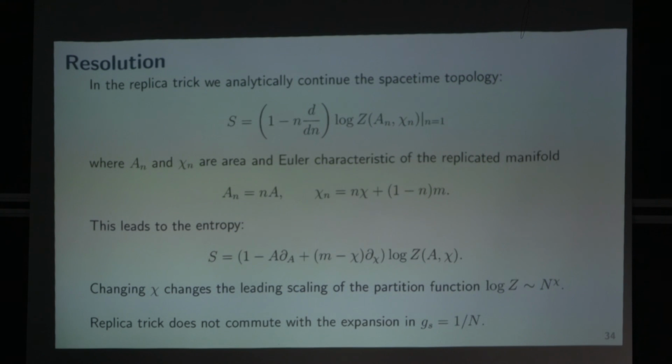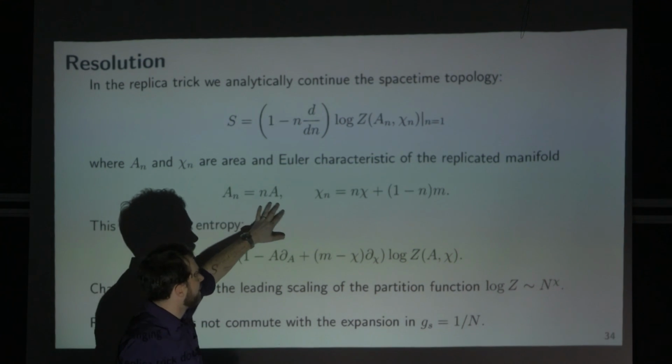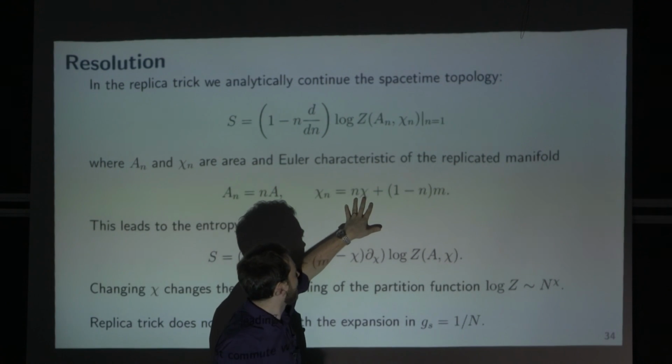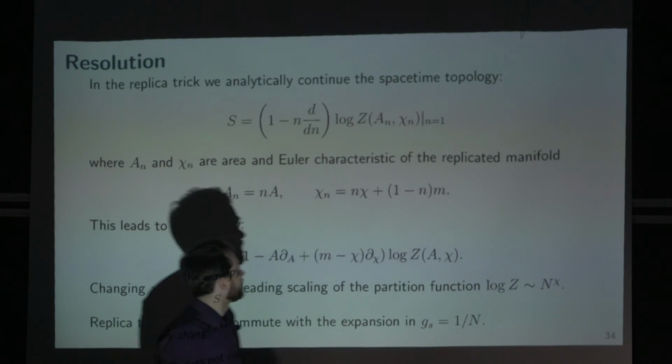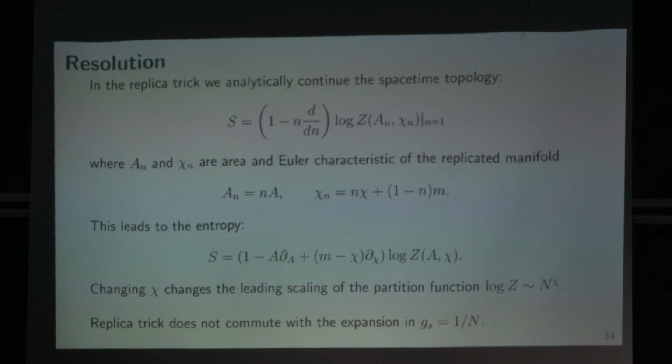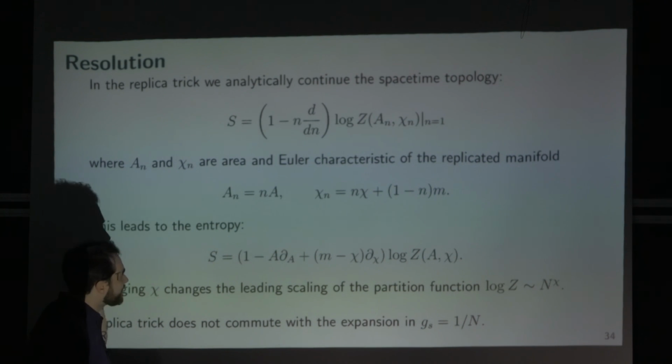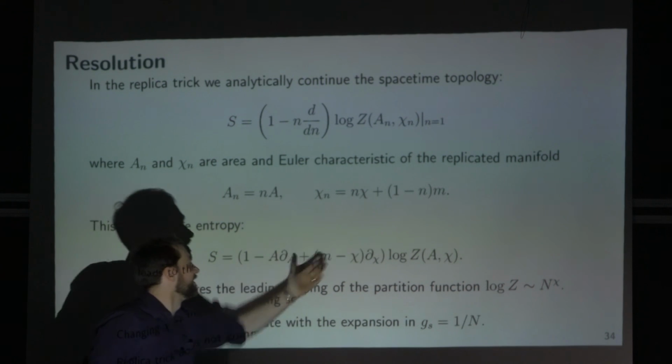You'd start by taking the partition function of a replicated manifold. When you replicate, you get n times the area, and you get an Euler characteristic that's n times the Euler characteristic plus this correction. I'm imagining you're replicating along m, you're cutting along m points of your entangling surface. And you can just check, if you take the derivative of this expression using the chain rule, you get this.